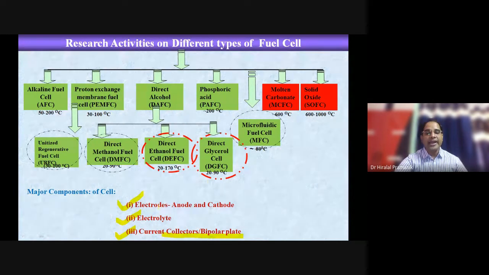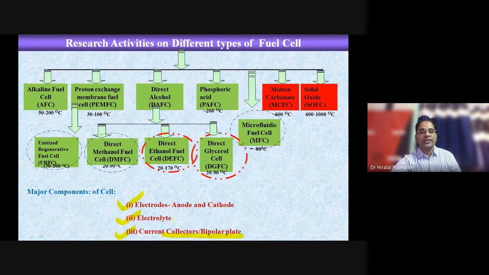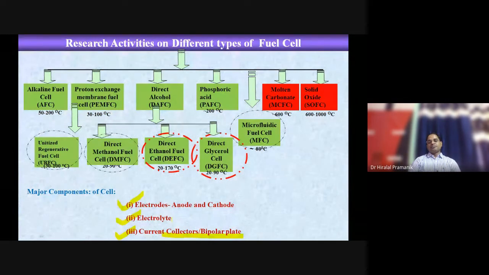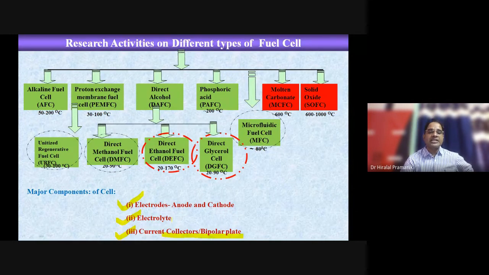Otherwise, the electrolyte may be acidic or alkaline depending upon the type of cell you are going to construct. Sometimes alkaline medium favors the reaction kinetics, but as such alkaline membrane or electrolyte is not available commercially in the market.